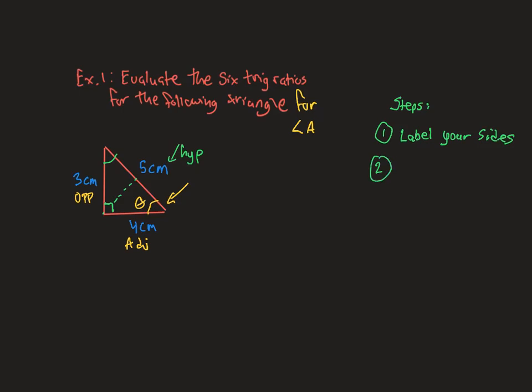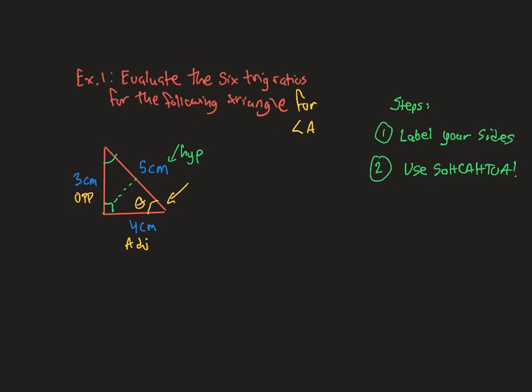Step 2, place them in the formulas. Now, when they say the 6 trigonometric ratios, what they mean is the sine, the cosine, the tan, the secant, the cosecant, and the cotangent. Okay, so we'll do some of them.